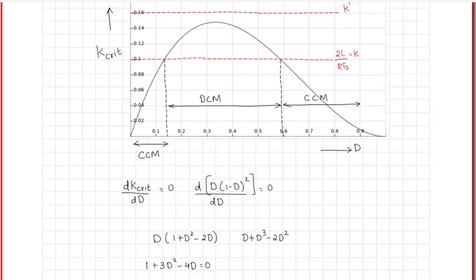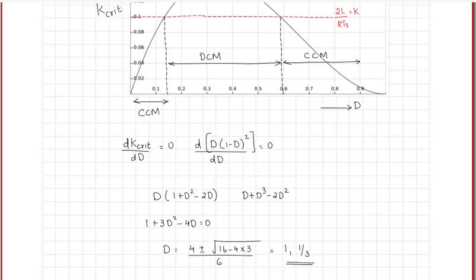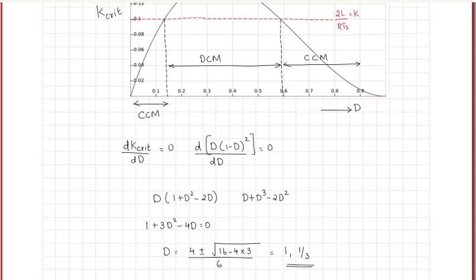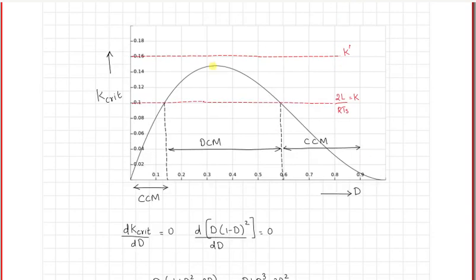So from the plot itself we can see that at d equal to 1, the curve goes to 0, so the maximum value is then going to occur at this point, which corresponds to d equal to 1 by 3. Okay.